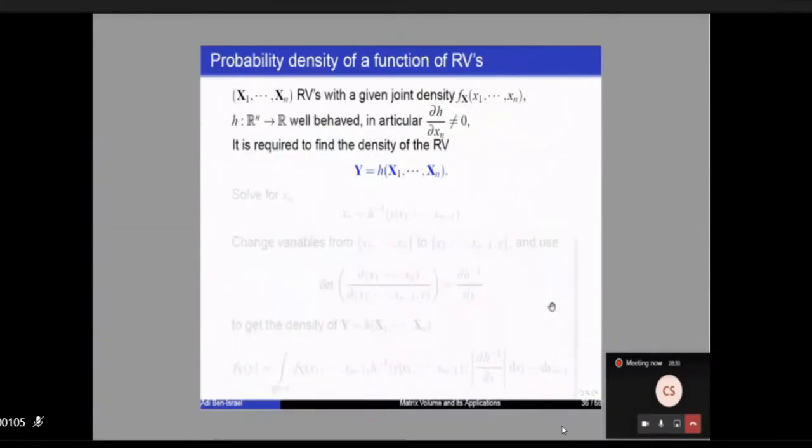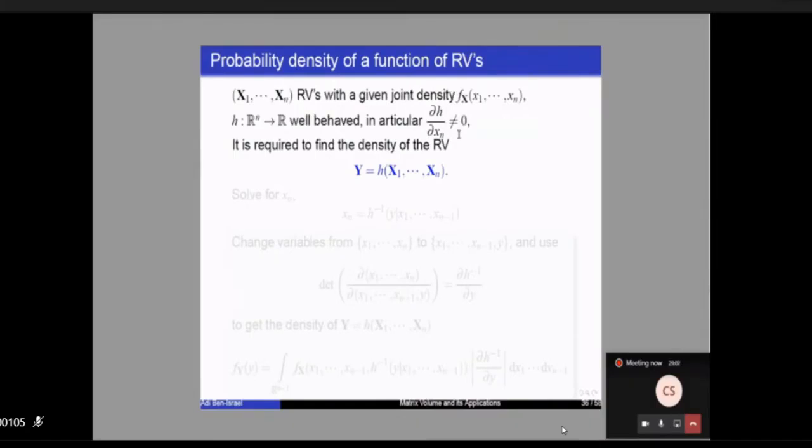Application to probability. Let x1 to xn be random variables with a joint density f of x, and h from R^n to R a well-behaved function. In particular, it must depend on some of the variables. So we assume that the partial of h with respect to xn, one of the variables, is not 0.